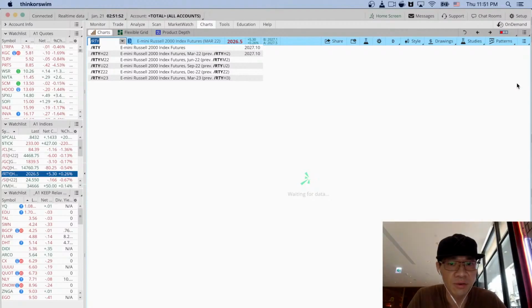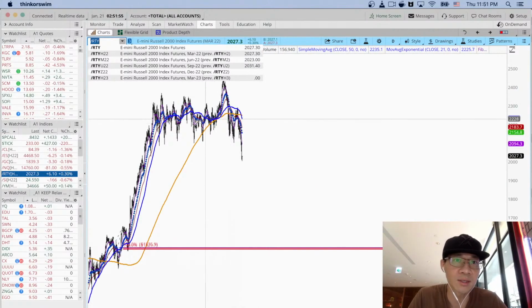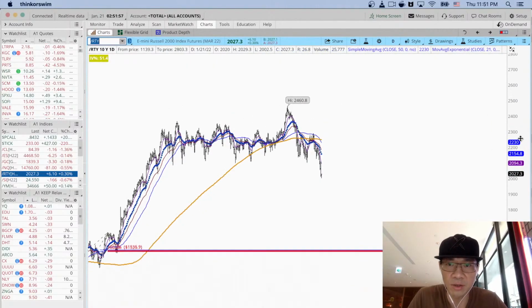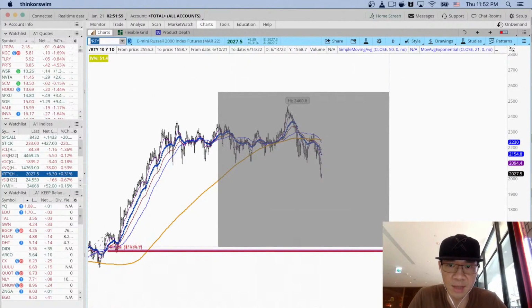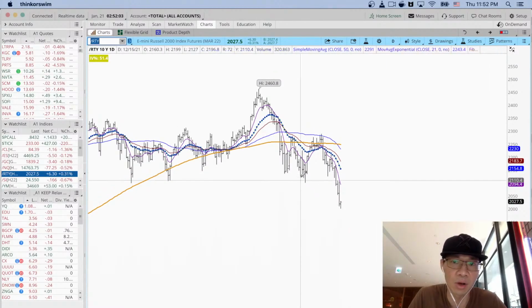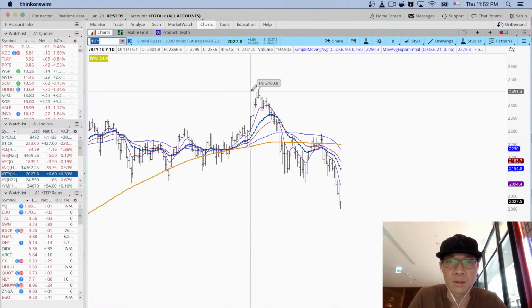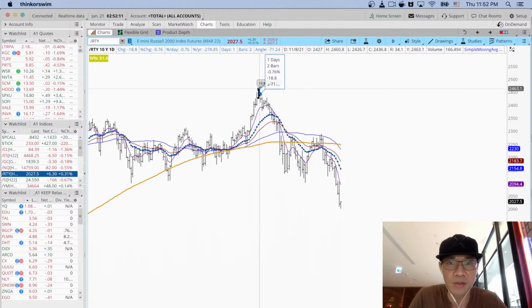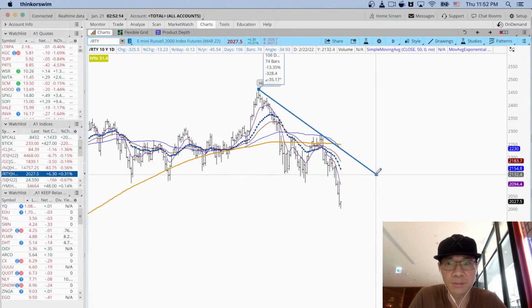And with selling off, with a lot of fear, this makes it spill over to the crypto space as well. Russell's been below that 200 for quite a number of sessions already. So the small caps are trading below, and this is definitely lower lows, right? Lower highs and lower lows. So you can actually draw a channel if you want.